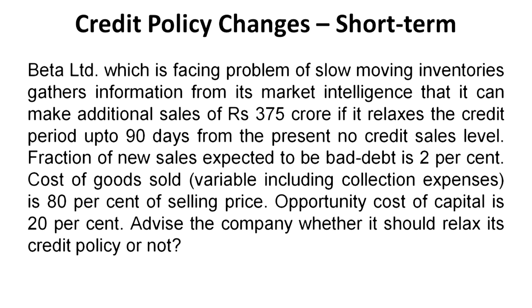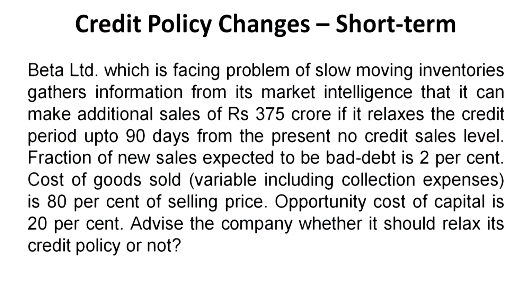This is a peculiar case. The company is presently selling entirely on cash, but their sales are lesser, and they are facing the problem of slow moving inventory. So when their inventory is moving at a slower pace in the market, they conducted a survey, and the outcome of the report is that they can sell a further 375 crores in the market if they relax the policy, that is, start selling on credit.